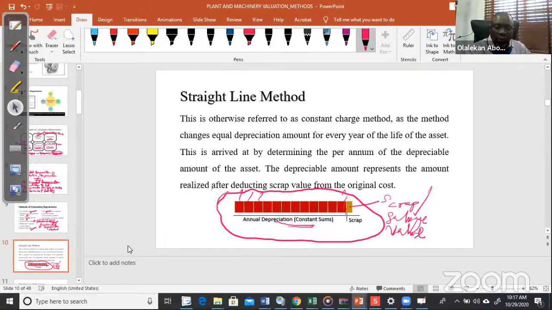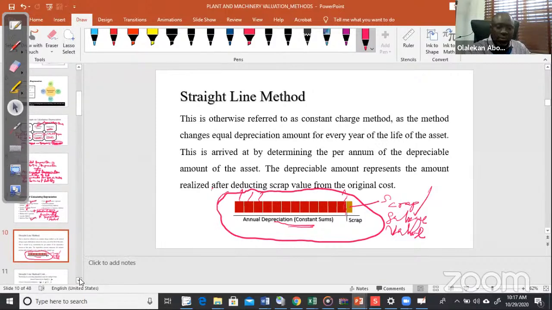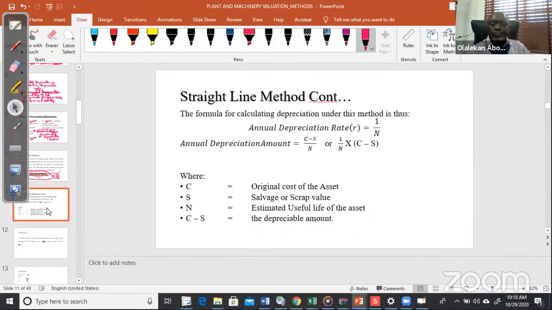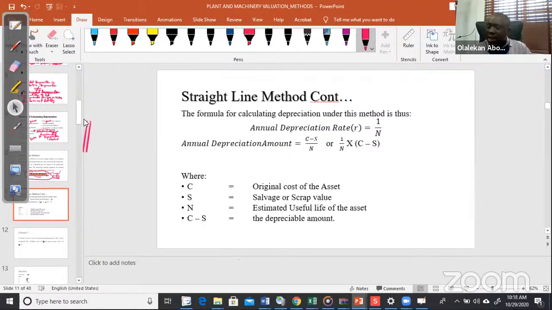Okay? So now, let's quickly see the applicable formula in this case. In using the straight line method to do calculation, you can start from calculating the depreciation rate, and your depreciation rate is annual. Depreciation rate is simply put 1/n, 1/lifespan.